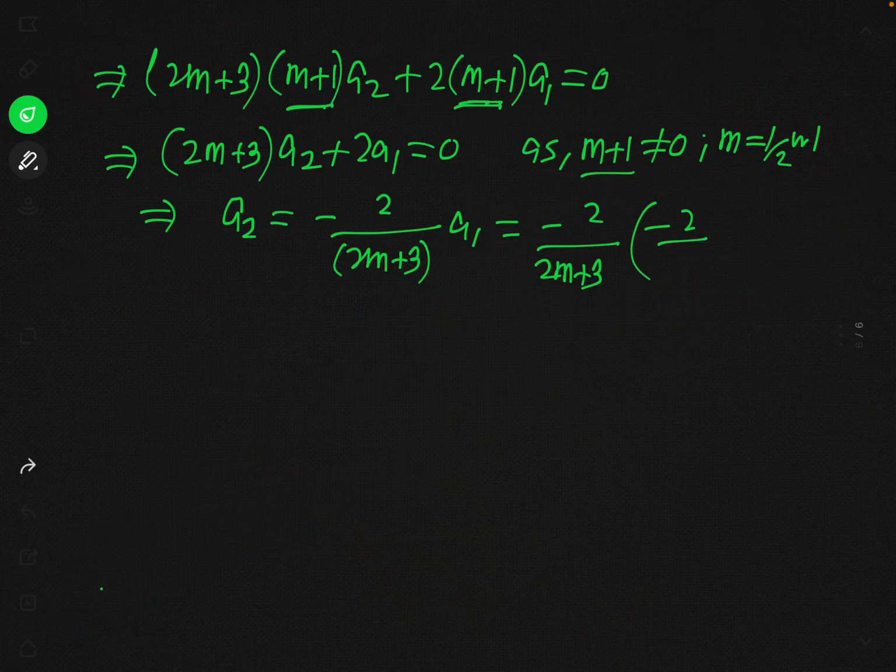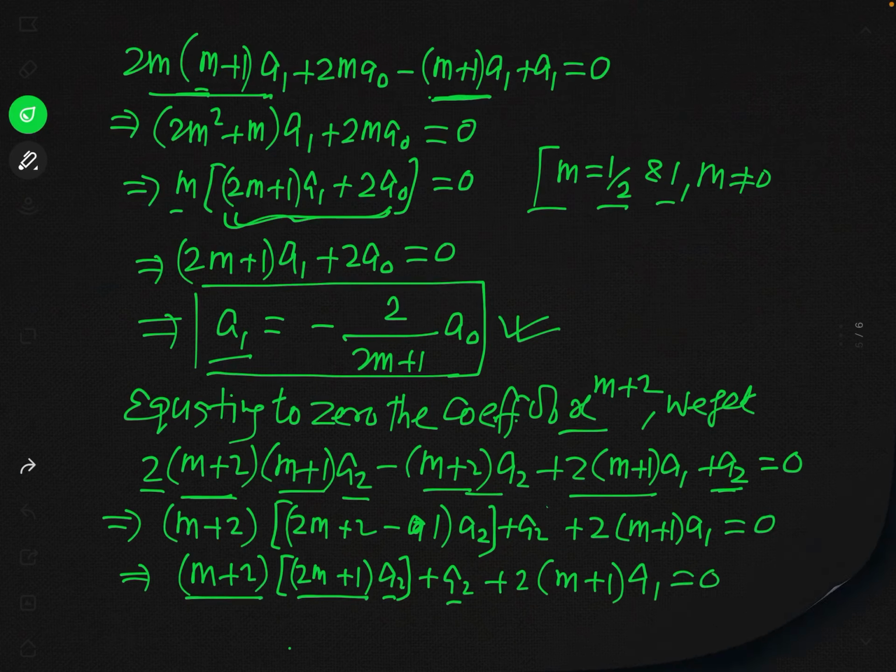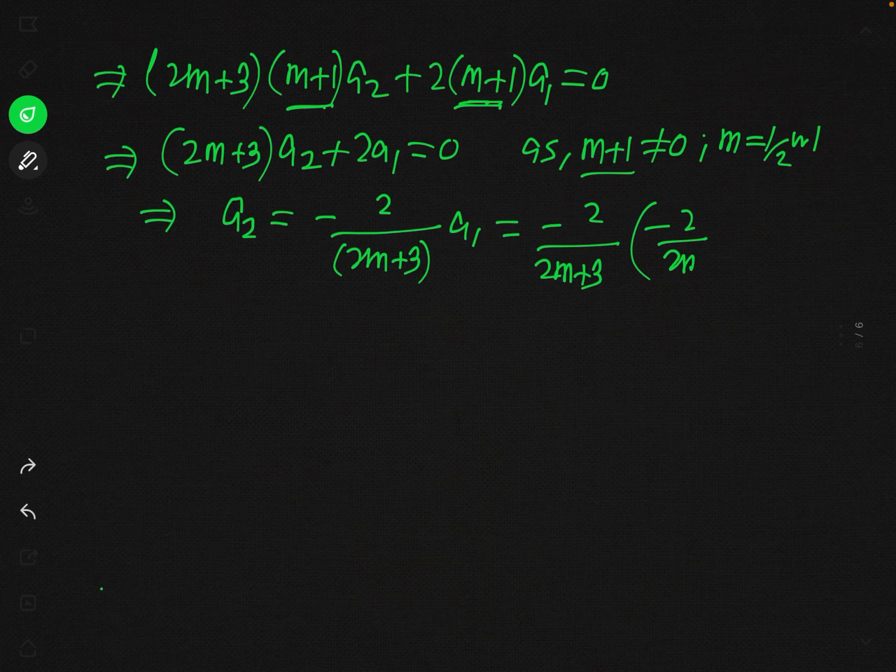So this is minus 2 by 2m plus 3, into minus 2 by 2m plus 1 into a0. So what will this a2 be?